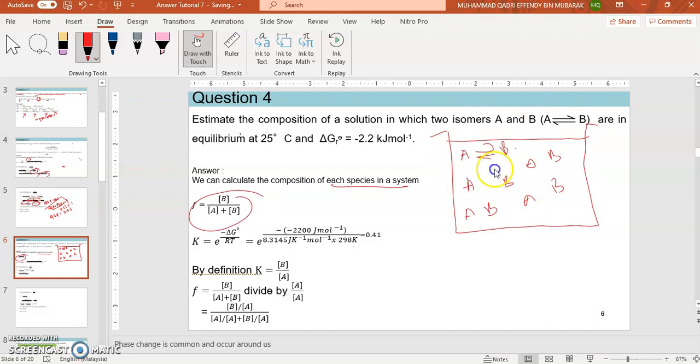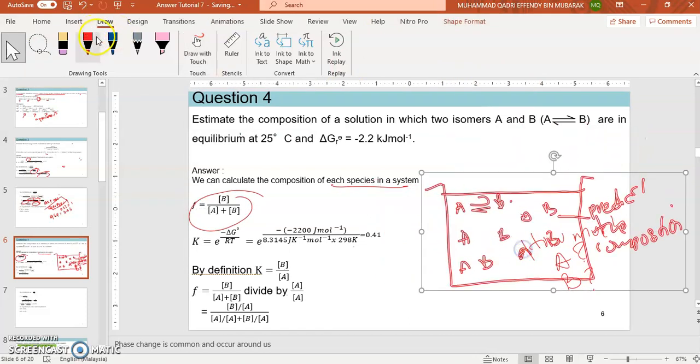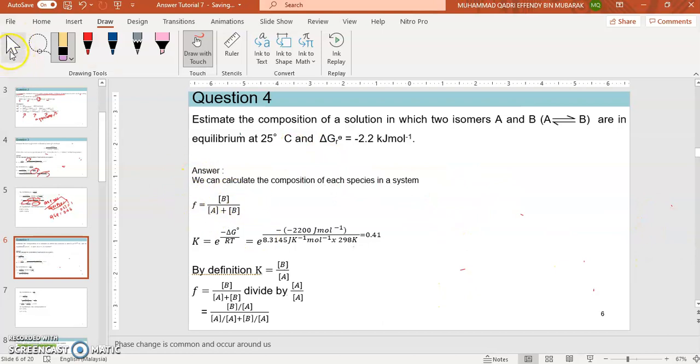The question asks us to predict the composition. When we talk about the composition, we need to know how much is A and also how much is B. So by using the chemical equilibrium concept, we can determine the composition of each species in our system.